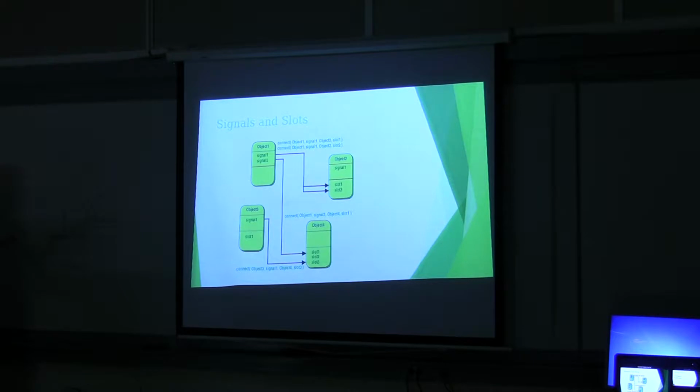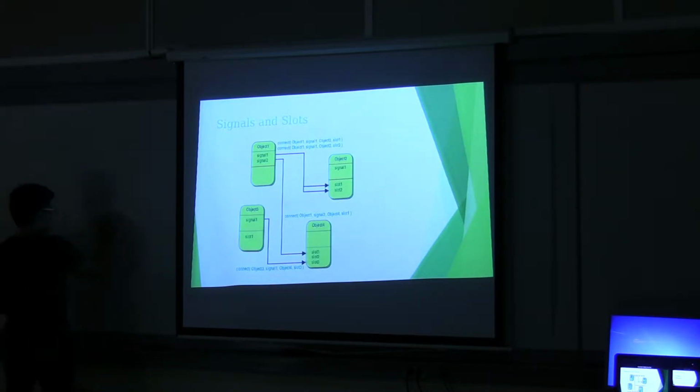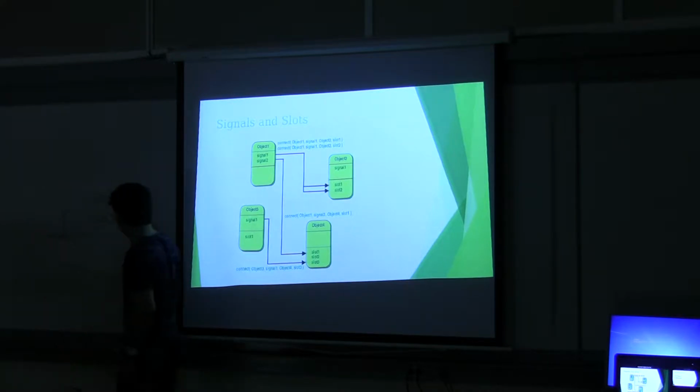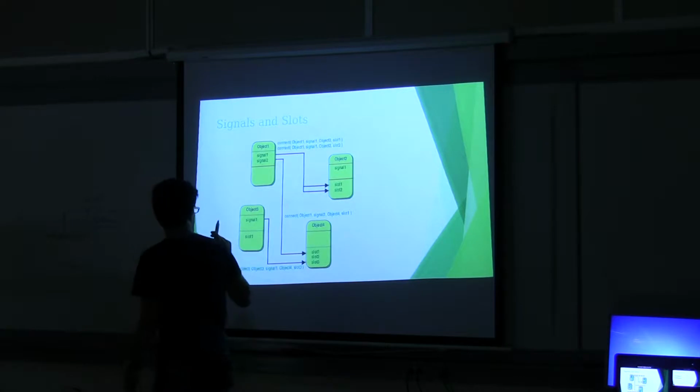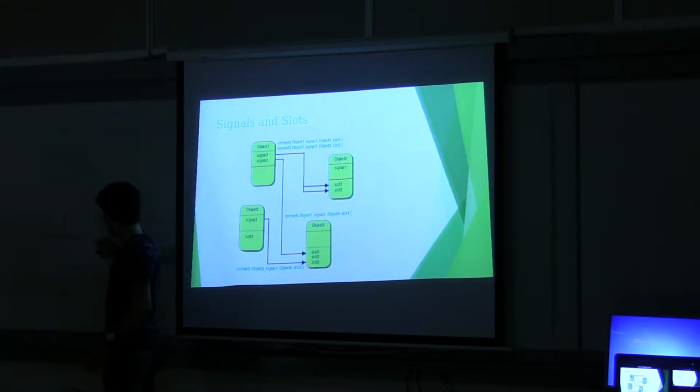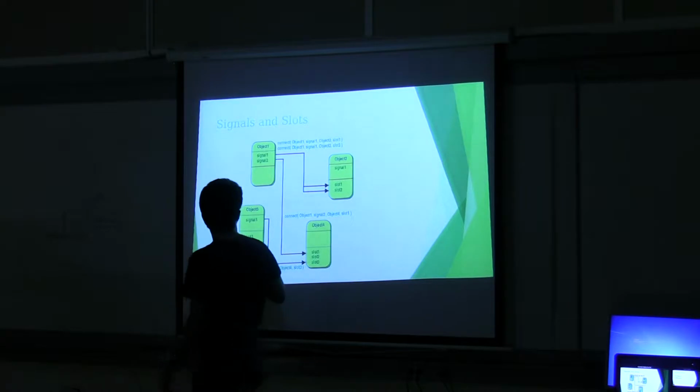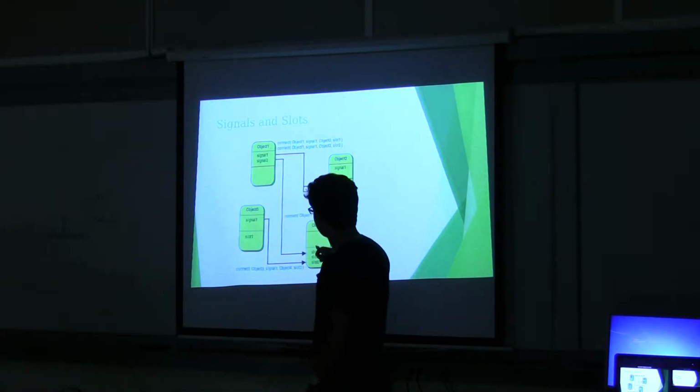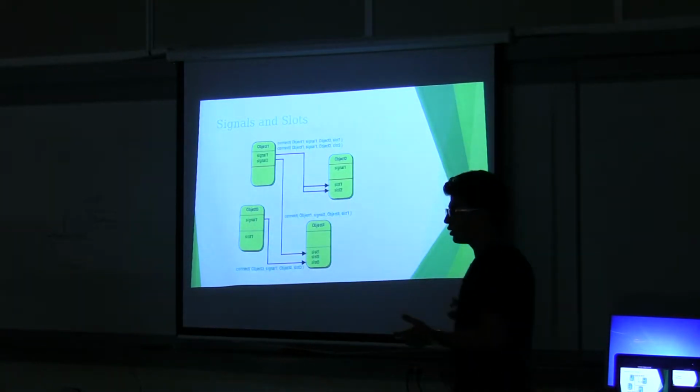Also, the same signal can be connected to different slots, so I can have another slot that receives this signal and so on. Also, it's not only about widgets. Inside our classes, we make use of these signals and slots. It's really a very powerful feature. We'll get into this when we start coding and actually using it.